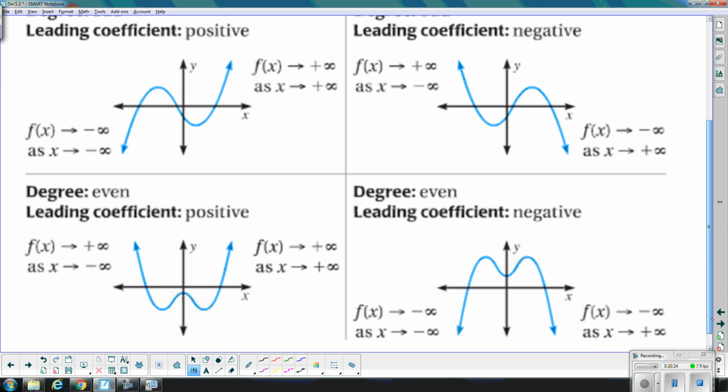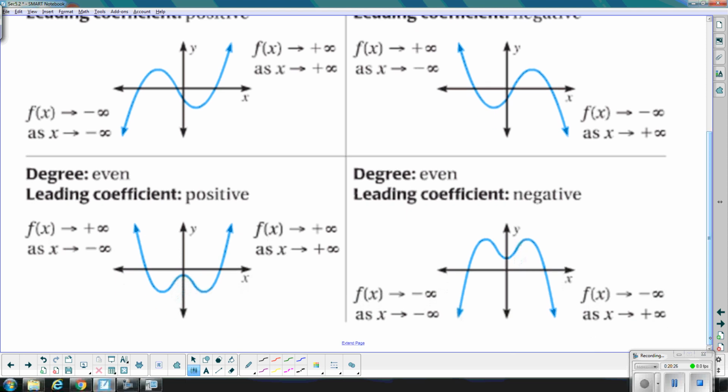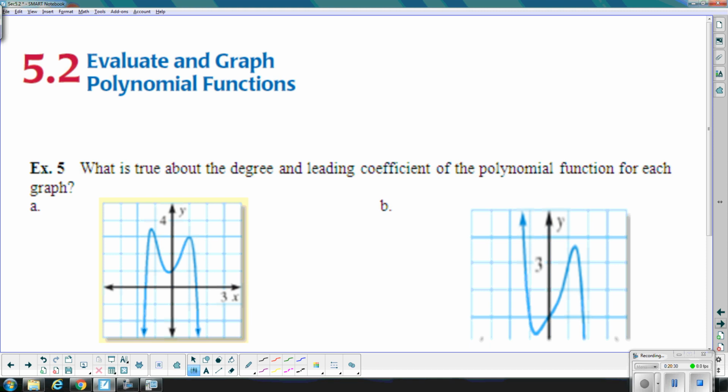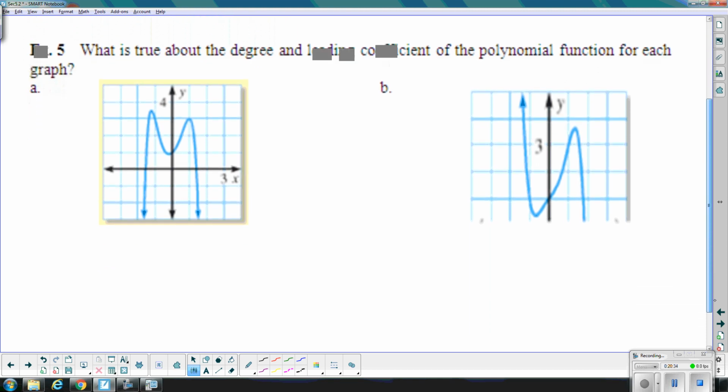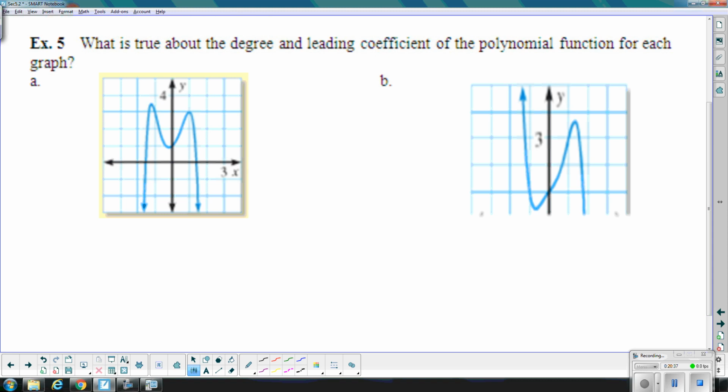So here's the cheat sheet that you have on your guided note sheet, so you can refer back to that as we go forward. In example 5, we're looking for the degree and leading coefficient. So you'll have to focus on the end behavior.